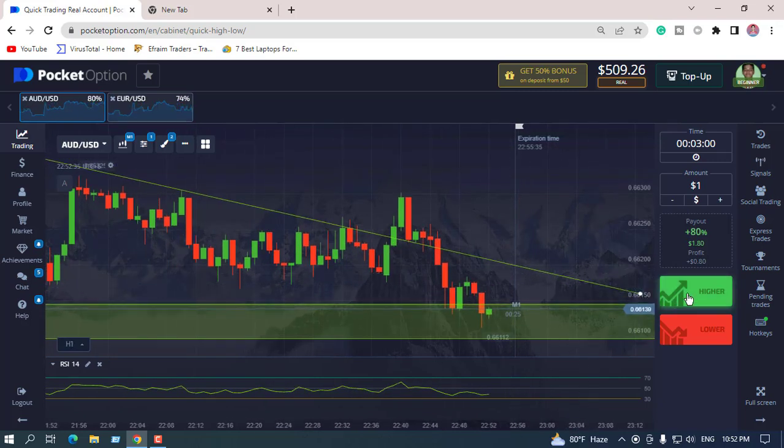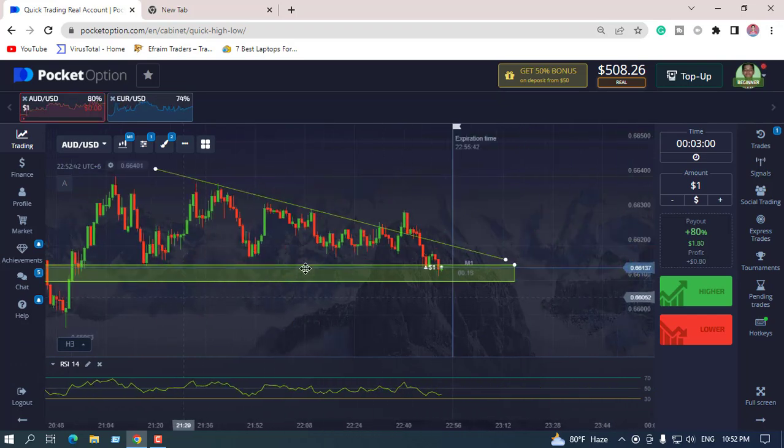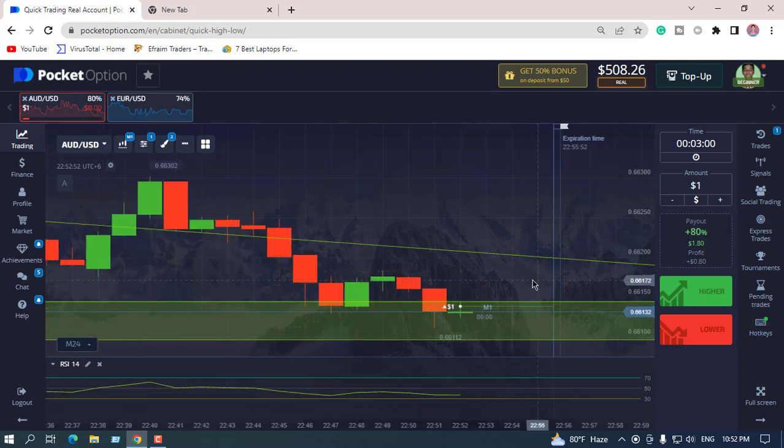I have placed a higher option trade for 3 minutes, because this is a demand area. Let's see the result.